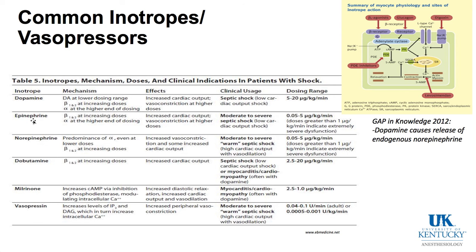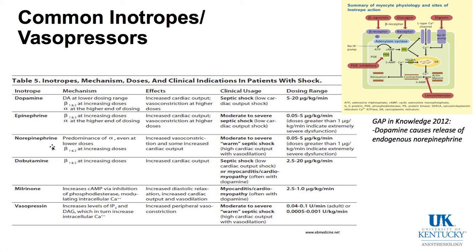Epinephrine has beta-1, beta-2, alpha-1, and alpha-2 effects. It causes vasoconstriction and increased contractility. Norepinephrine we usually give because of its alpha effects and vasoconstriction.